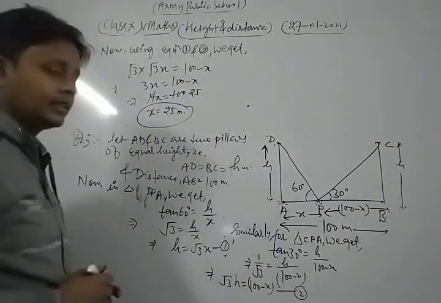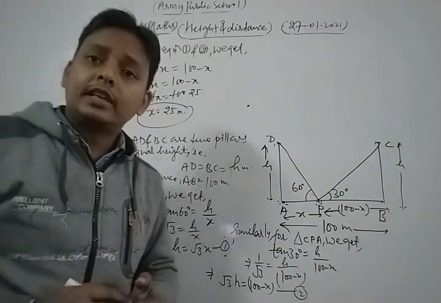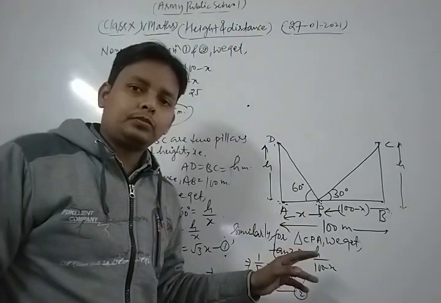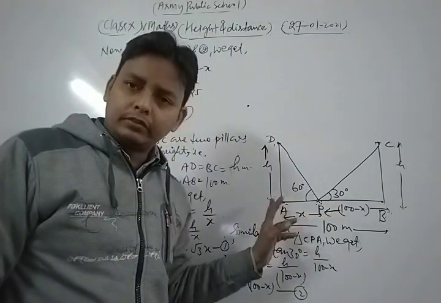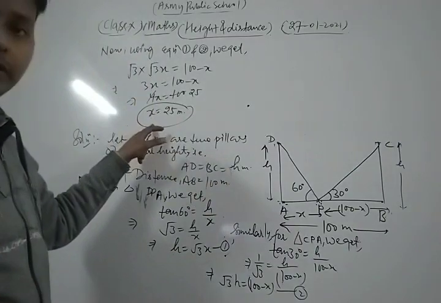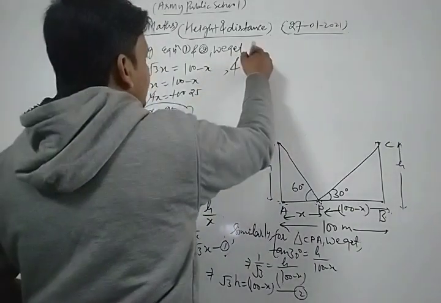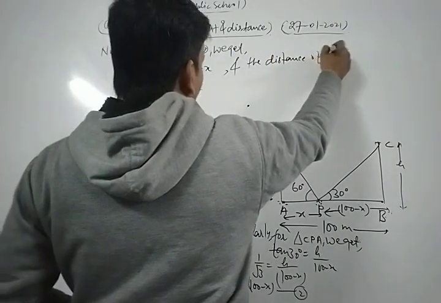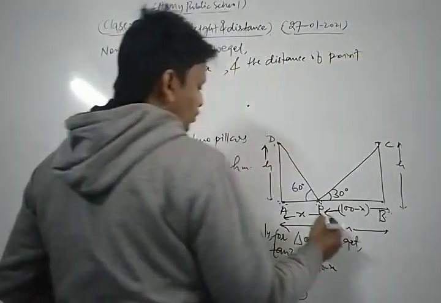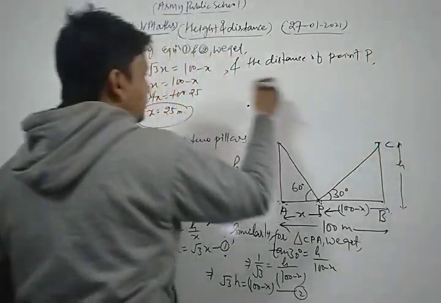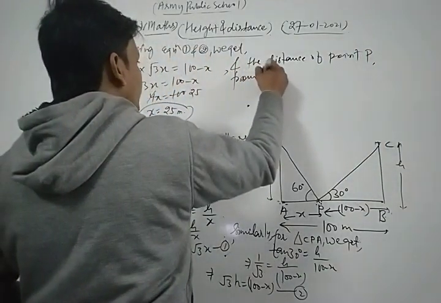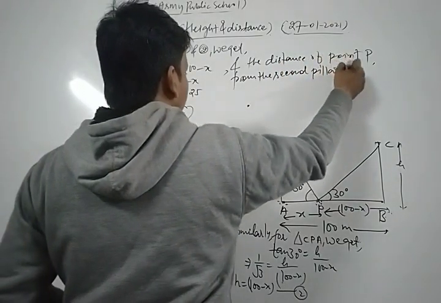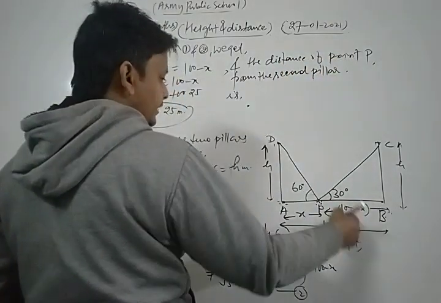Thus, dear students, in this way we can say that the distance of that point from the first pillar is 25 meter, and the distance of point P from the second pillar is what? 100 minus x, na?